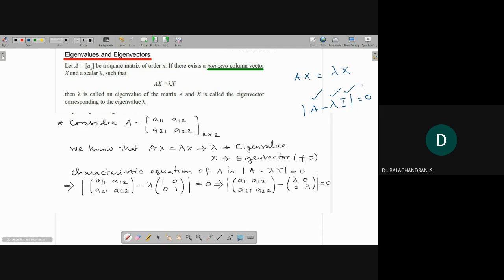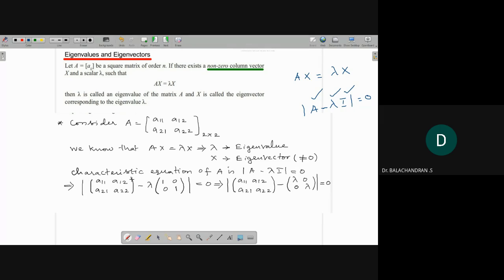If A is a 2 by 2 matrix, then your I is also a 2 by 2 identity matrix. If A is a 3 by 3 matrix, then your I is a 3 by 3 identity matrix. Okay. So then determinant of A minus lambda I. What is determinant of A minus lambda I? Determinant of A.